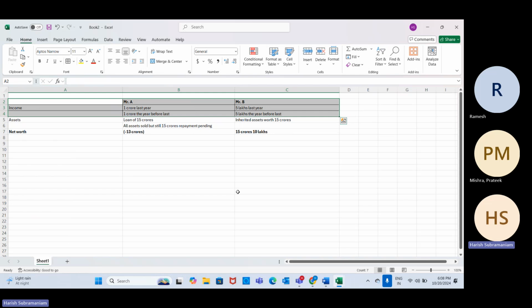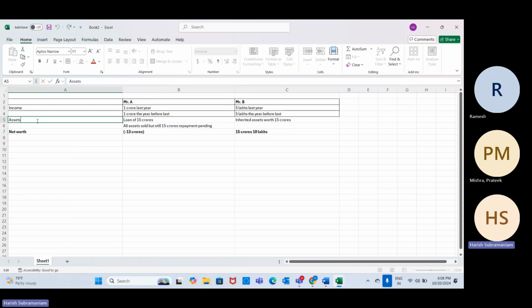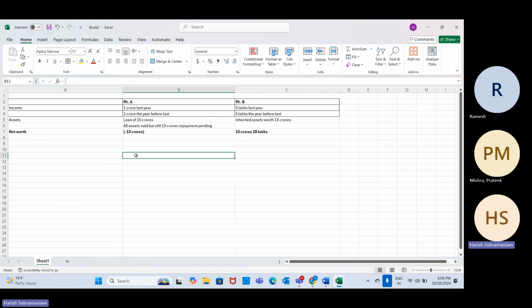We are looking at the assets from a personal perspective, from the perspective of an individual. And we see here that income only gives us one part of it. But what are the assets that the person has? What are the liabilities that the person has? That gives us a much better picture of the financial condition of that person, right? So let's take another similar scenario.